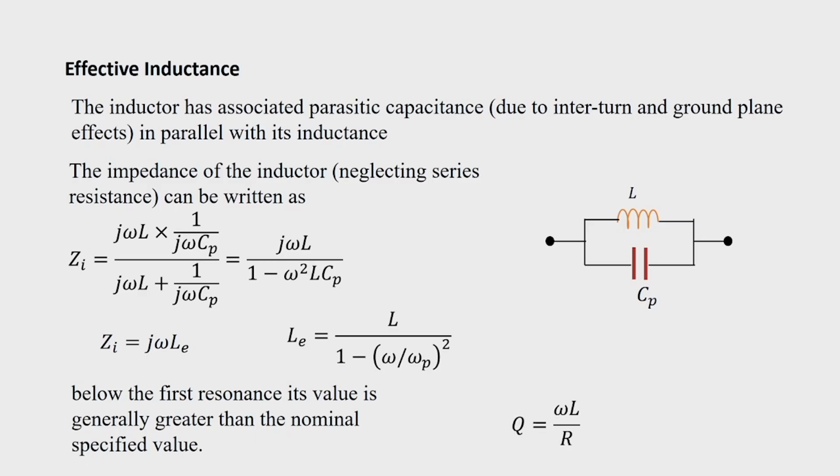Also, in this calculation of effective inductance, we have not considered the series resistance that is normally associated with an inductor, and the Q of the inductor can be calculated as omega L by R, where R is the series resistance of this inductor.